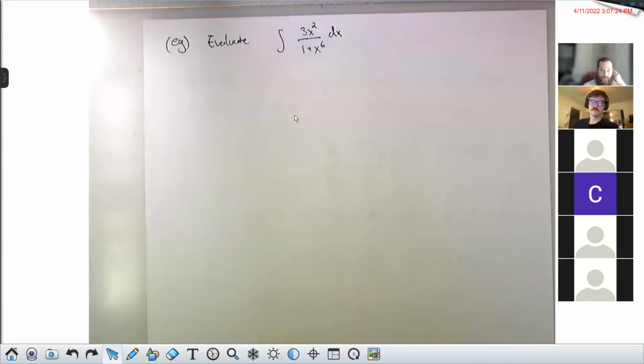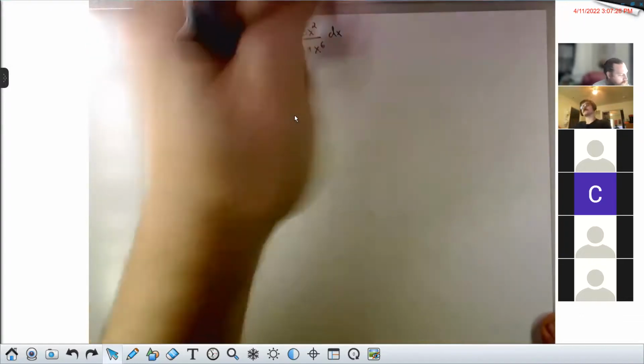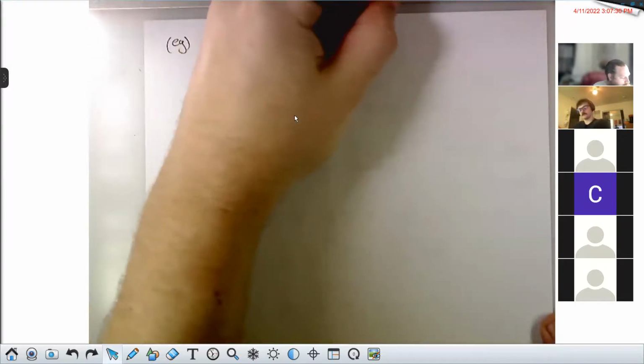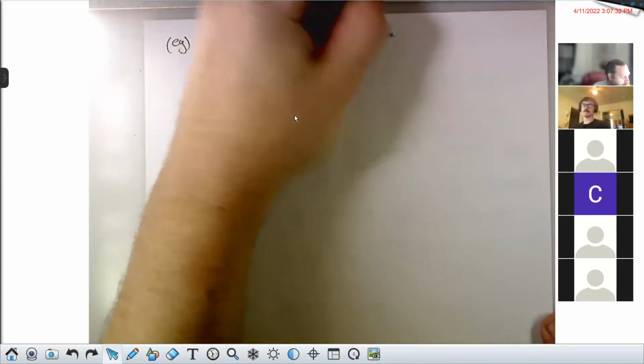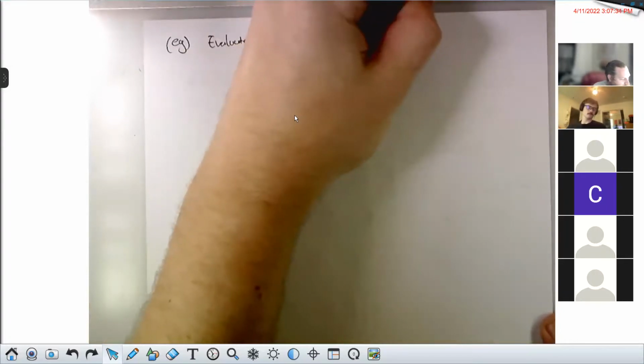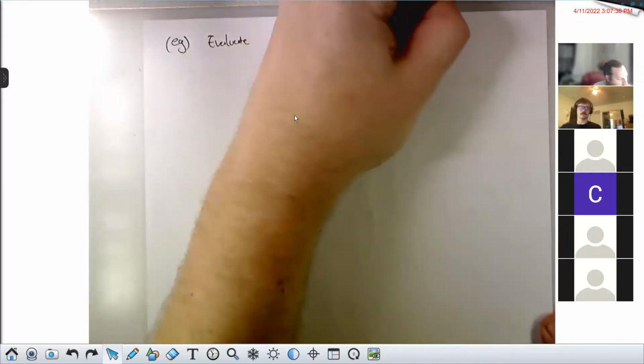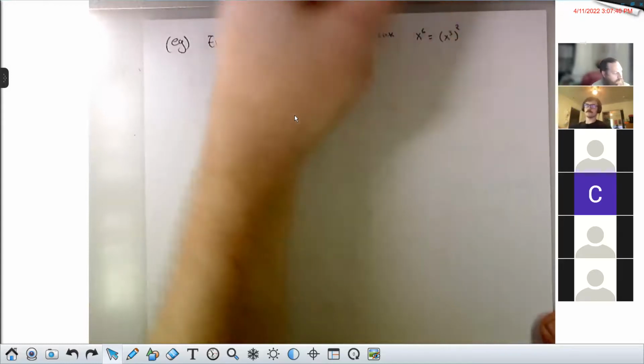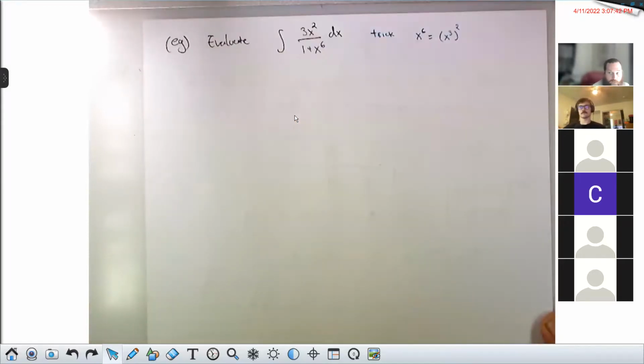I don't have an x to the 5 to give to the differential. This is one of those things that comes more with practice than anything else. But the trick here, and there are variations on this, is that x to the 6 is the same as x cubed squared. So there is secretly an inner function here.